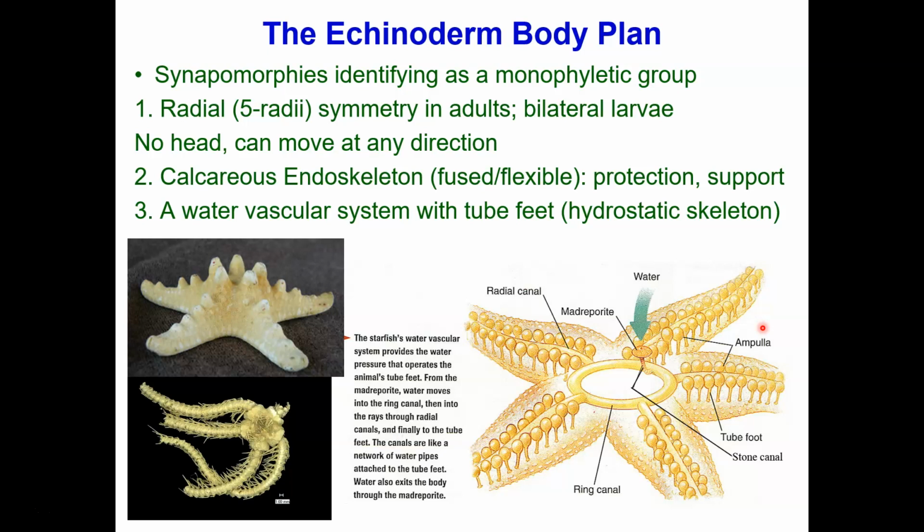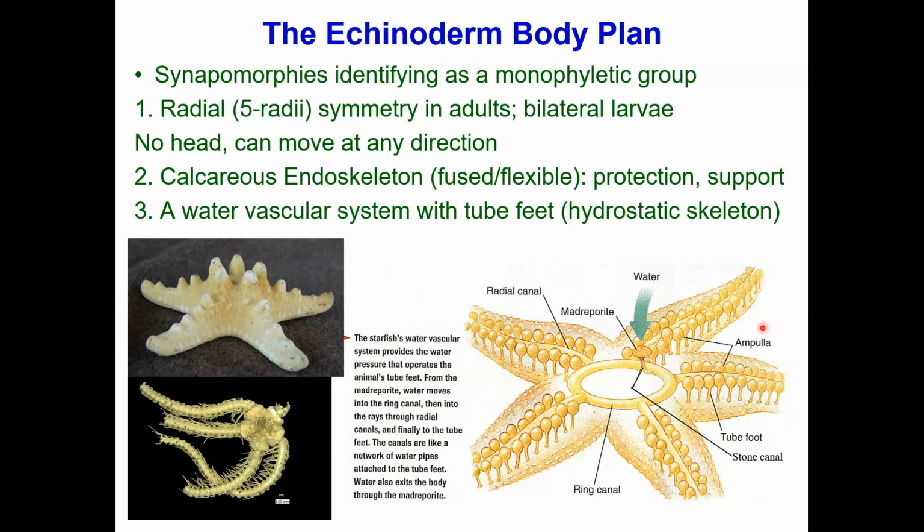Movement of tube feet is extremely important because it helps the entire animal to move, stay in place but move its different body parts, as well as to capture food.